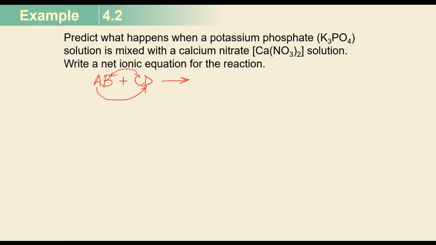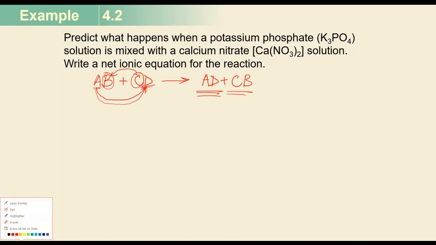So how will be the reaction? AD plus CB. This first positive ion attaches with this second negative ion, and this first positive ion attaches with this second negative ion. Now after that you will find which of these is soluble, which of these is insoluble.